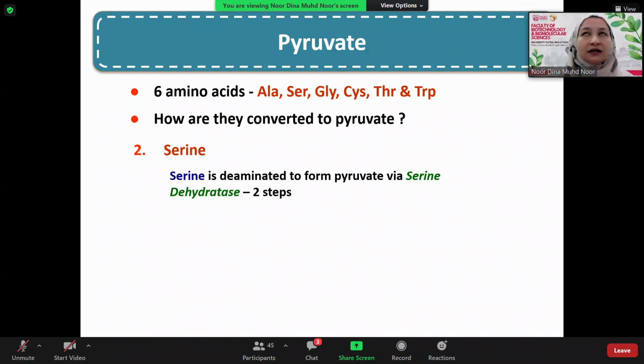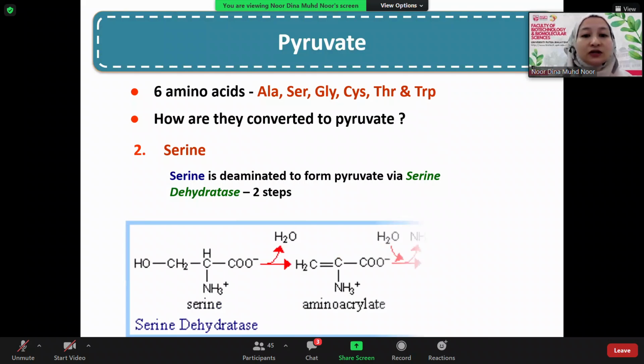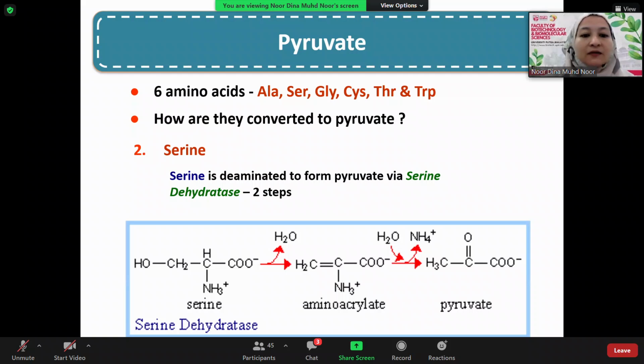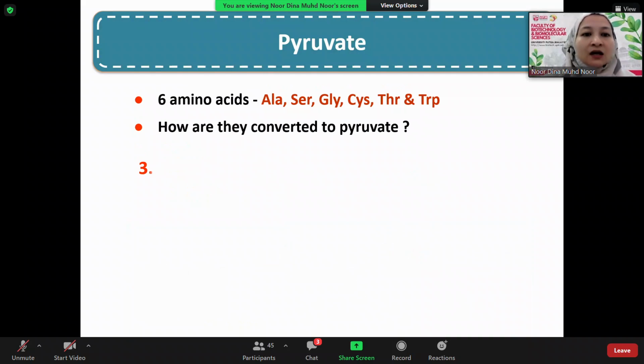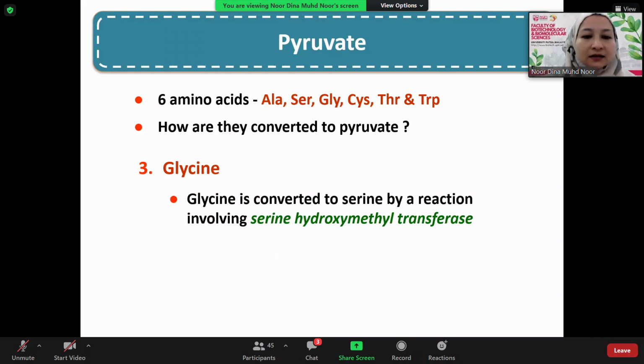And then we also have serine, which has a direct deamination to form pyruvate through serine dehydratase, which involves the two steps that we have discussed before. So it also produces pyruvate directly.